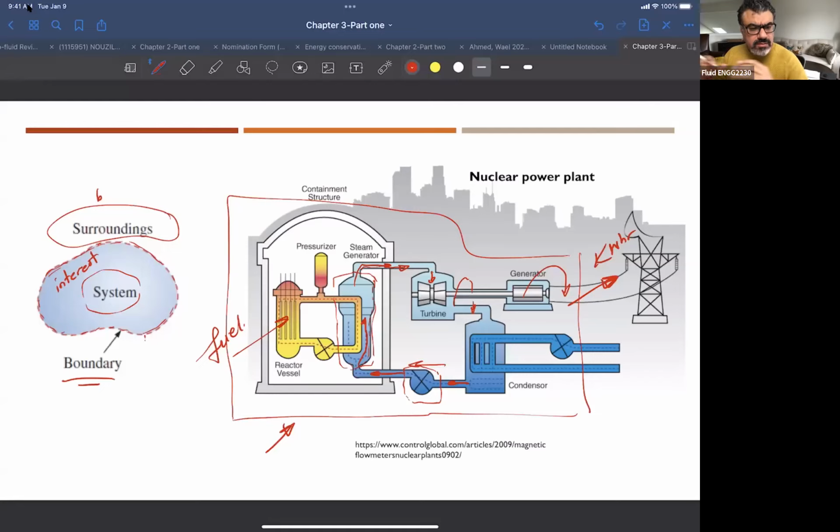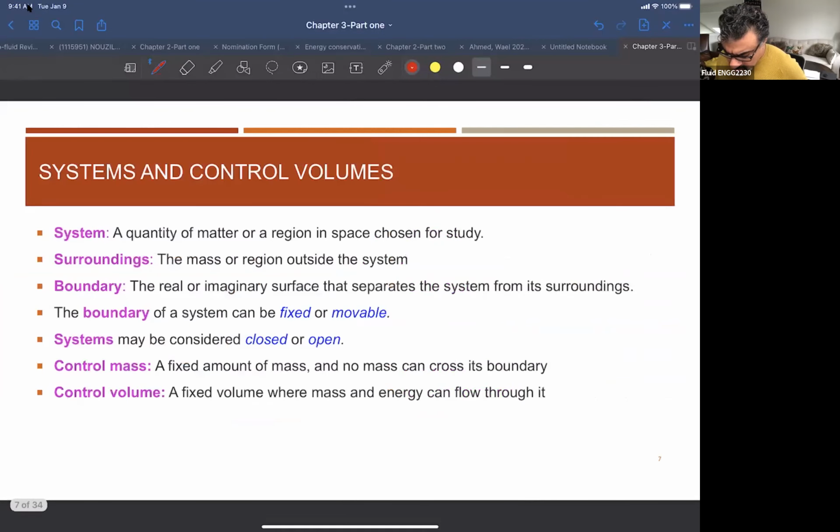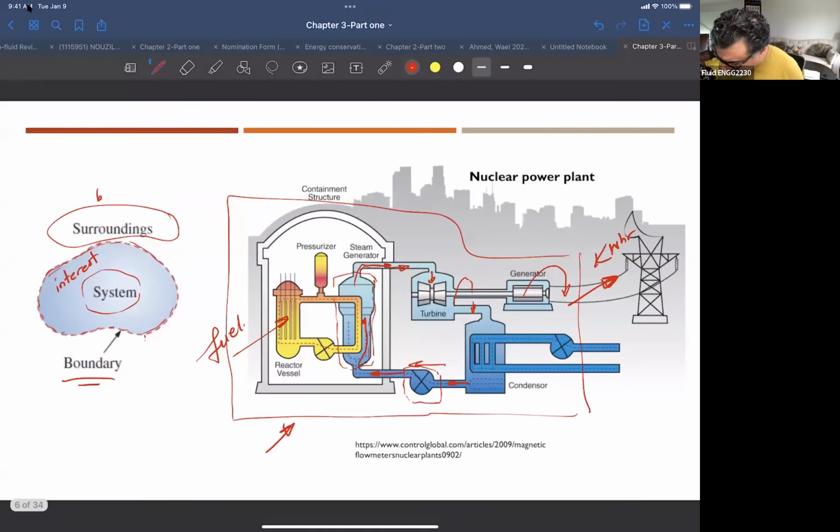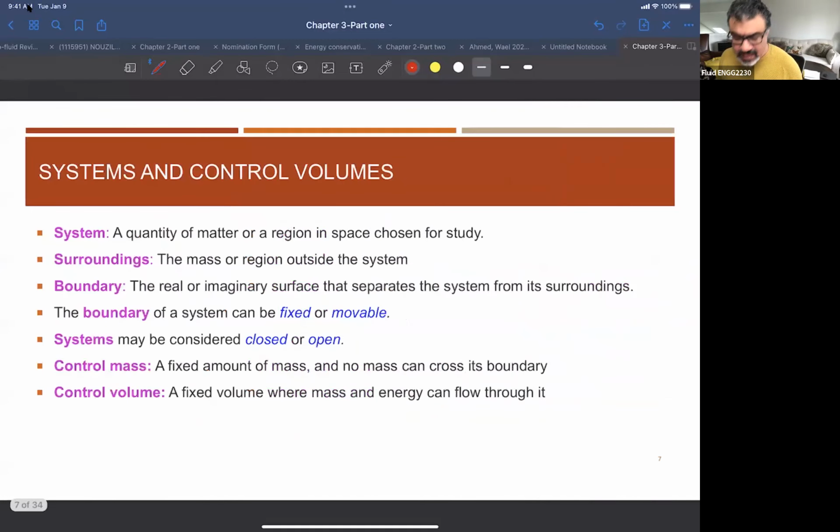The boundary is what is bounding the system, and whatever is outside, we call the surroundings. Okay, so this is basically the definition I was talking about here. The boundary can be an imaginary boundary, because you remember when I talked about the pump, for example, here I put a dotted line around the pump, so I imagine this is now my system, right? Or it could be an actual boundary.